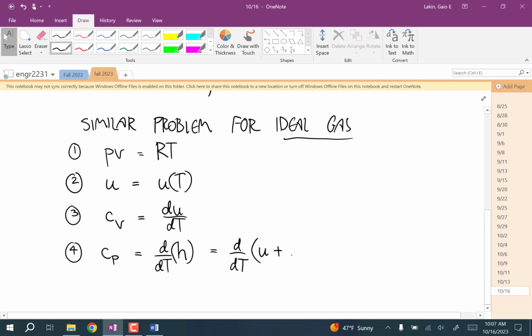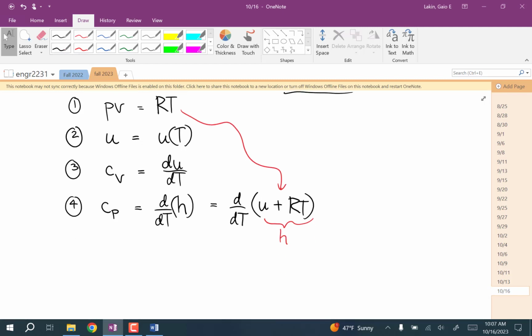PV is equal to RT, so that's a new expression for enthalpy. Are you with me on that? Just substituting in the other half of the ideal gas law. And so what this says, when you take that derivative, is that Cp is equal to Cv plus R. With me on that?